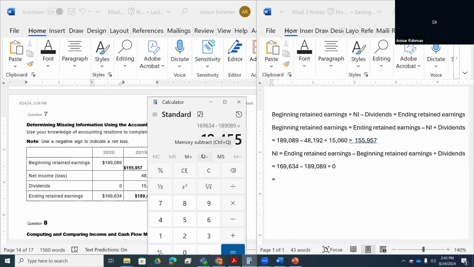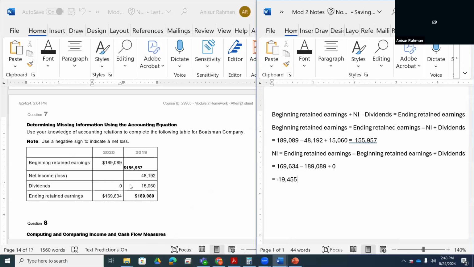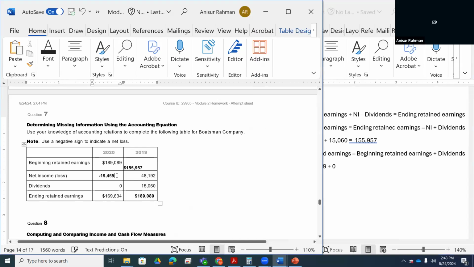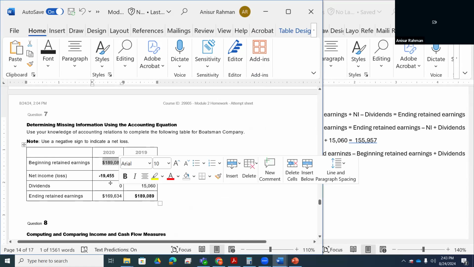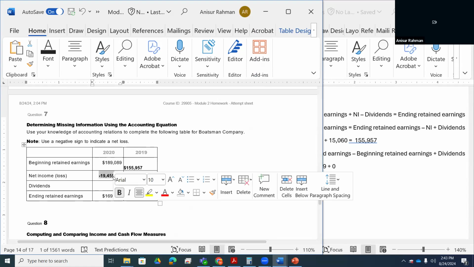So 19,455 negative. Right? Negative. And that should make sense because your ending retained earnings is lower than the beginning retained earnings. So you must have lost money through net income.